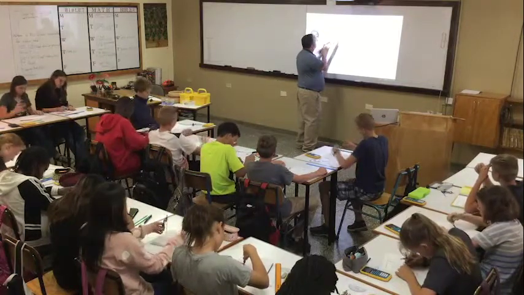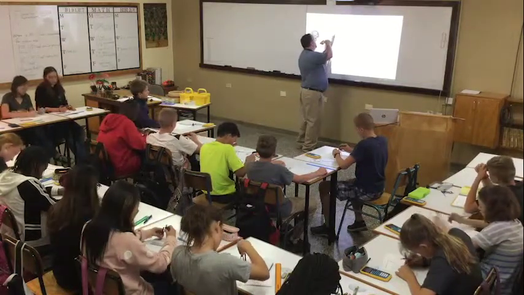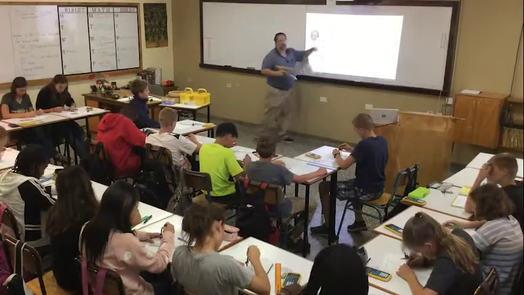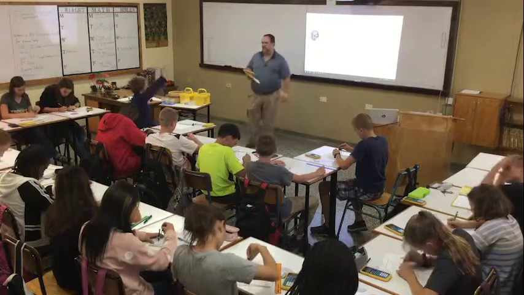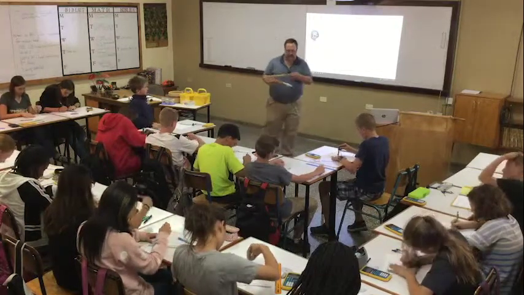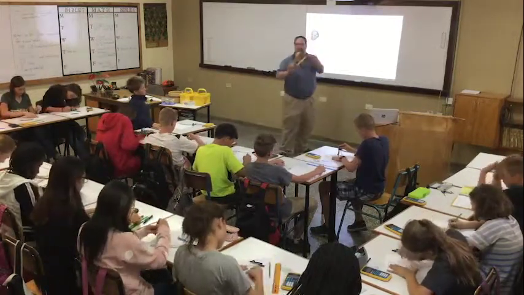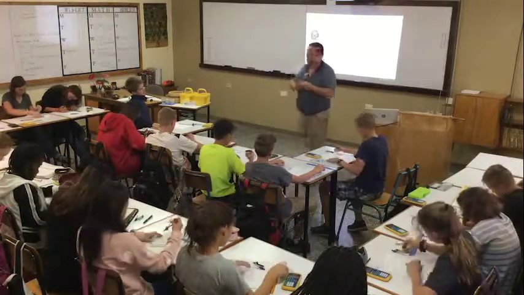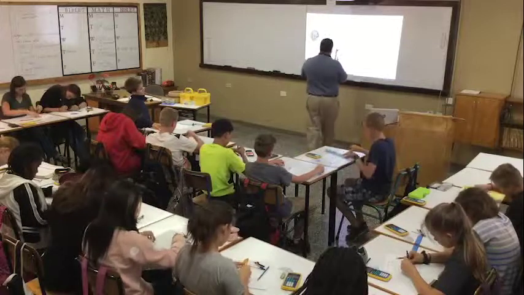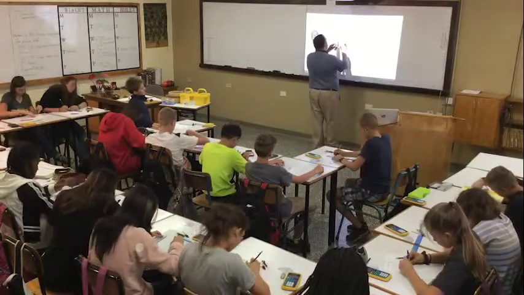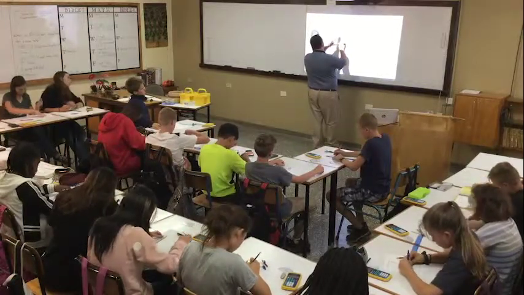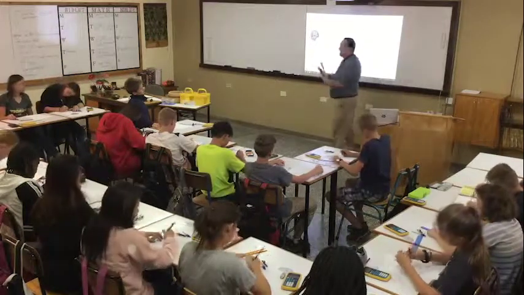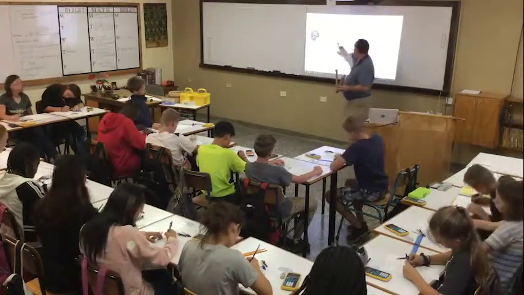So I'm going to put the tip on the point there and draw a big arc. What's the next step? Do it on the other side, keeping your compass the same distance apart. Draw another arc, making sure we do what with our two arcs? Make sure they cross. Make sure they touch each other.